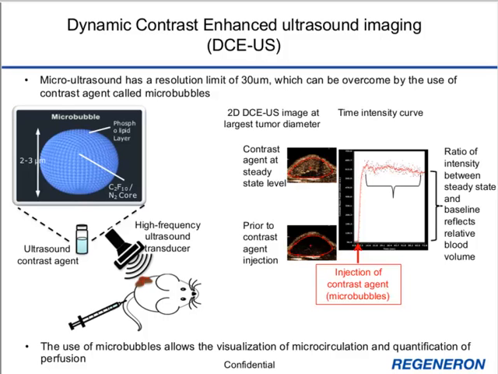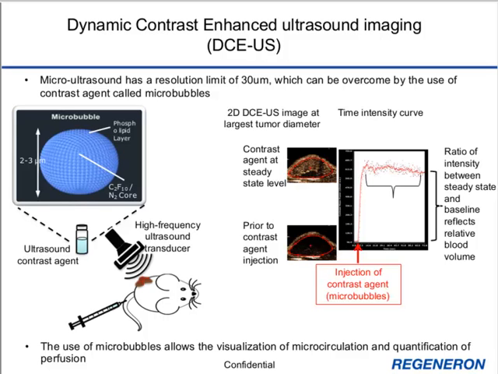Microbubbles are gas-filled lipid-shelled spheres with a diameter of 2 to 3 micron, and they're similar in size and behavior to an erythrocyte when traveling in the bloodstream. They can be easily detected in the bloodstream due to their gaseous core and the strong reflection of sound. To assess perfusion, we acquire images prior to, during, and after contrast agent administration, and that results in a time intensity curve.